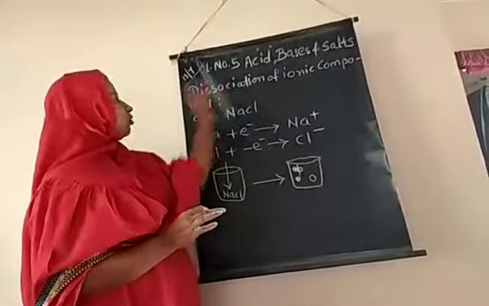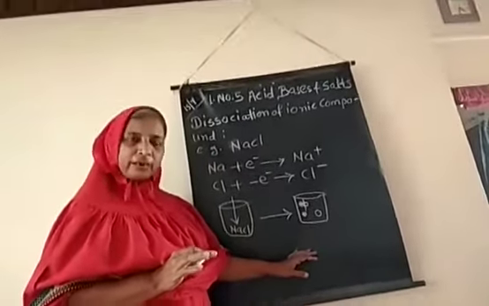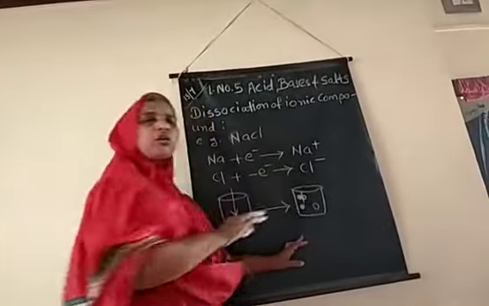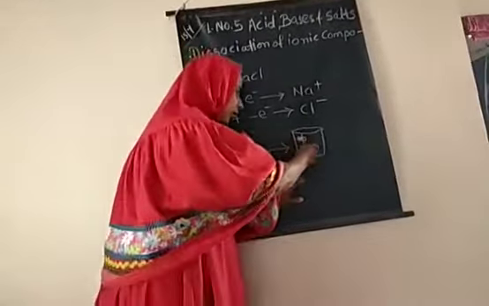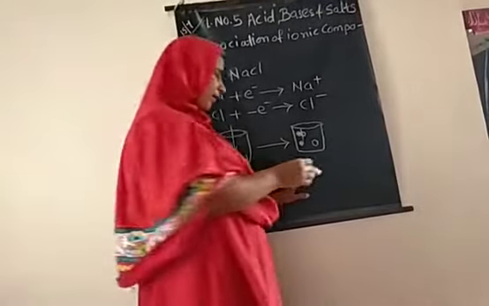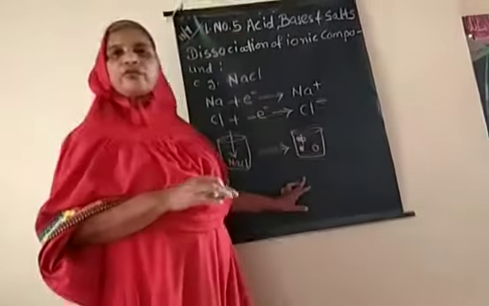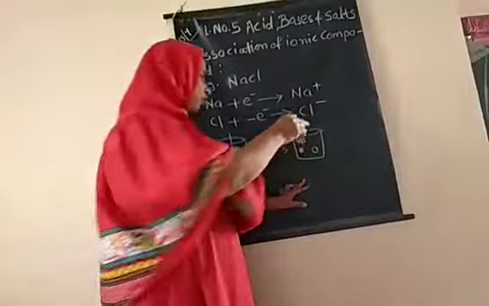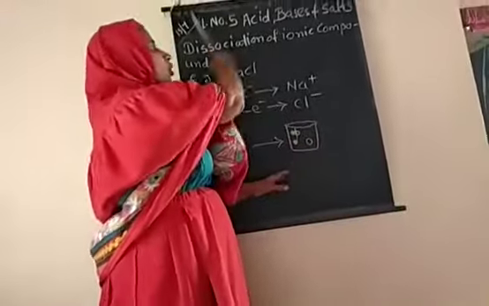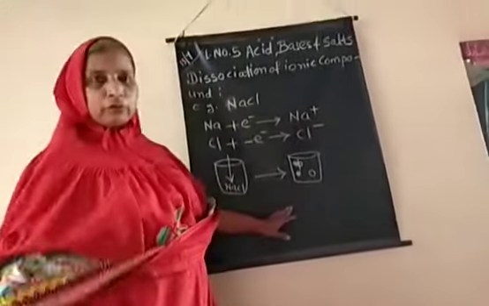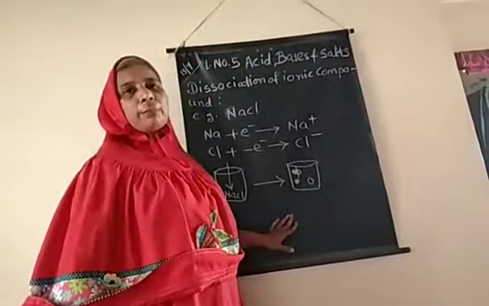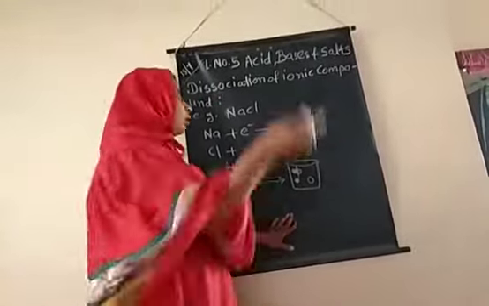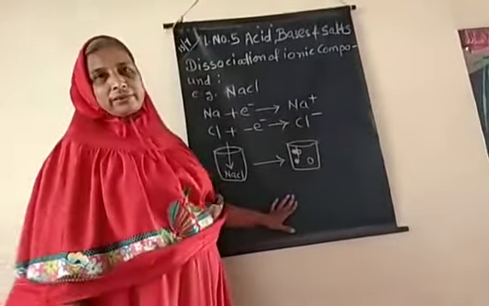Dissociation is the process where, after dissolving the solid in water, the separation of ions takes place in the aqueous form. This process is known as dissociation of an ionic compound. Dissociation takes place only in ionic compounds, where positive and negative ions are there.